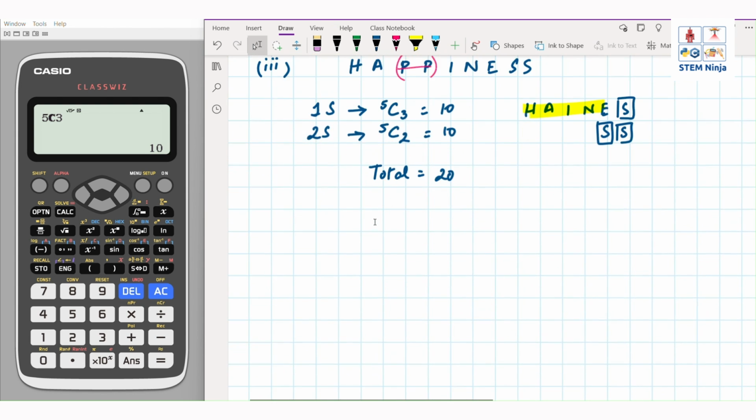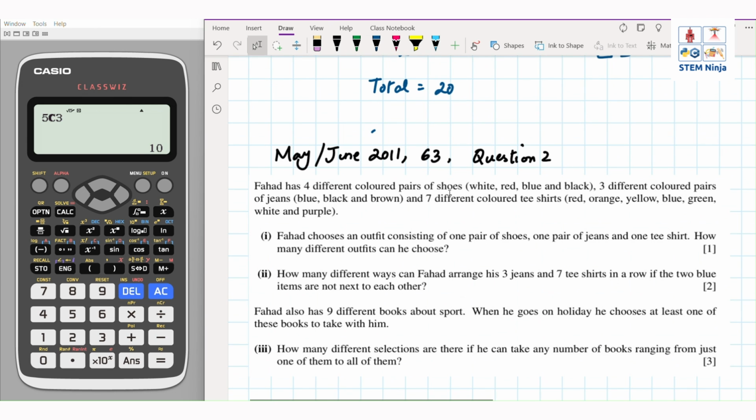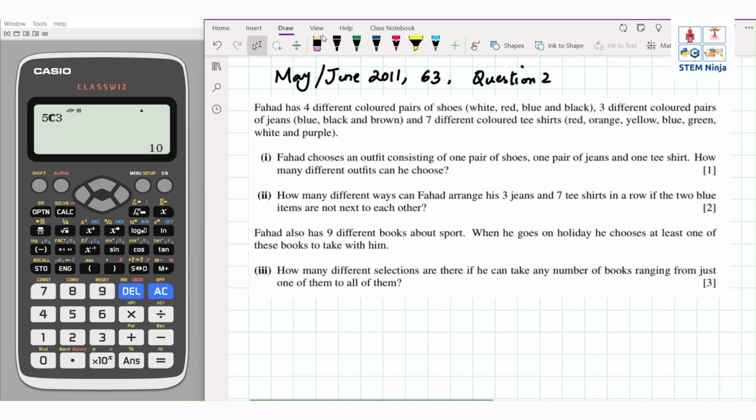So let's see the third variant for the May June 11. Okay, so let's see this question. Fahad has 4 different colored pairs of shoes and 3 different colored pairs of jeans and 7 different colored t-shirts. Fahad chooses an outfit consisting of 1 pair of shoes, 1 pair of jeans, and 1 t-shirt.